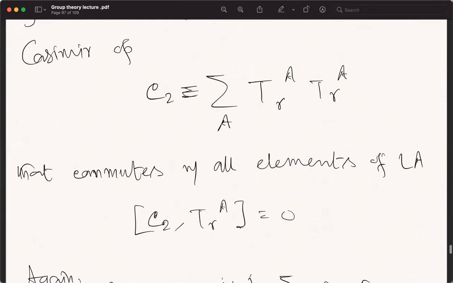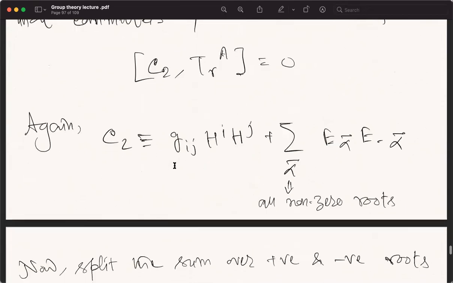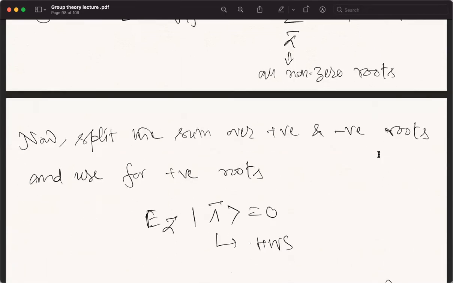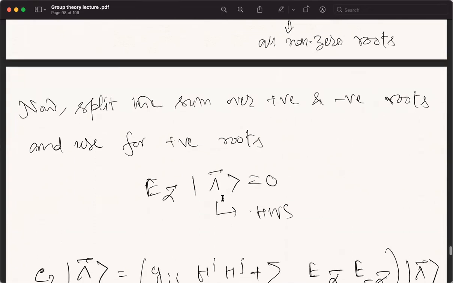You know that's the property of the Casimir. So C2 commutes with T^R_a. Again, from the basic definition of the Casimir, using this metric, we can define C2 as g^ij H_i H_j plus the sum over alpha, all the non-zero roots, of E alpha E minus alpha. Now split the sum over positive and negative roots and use, for positive roots only, that E alpha acting on the highest state equals 0.